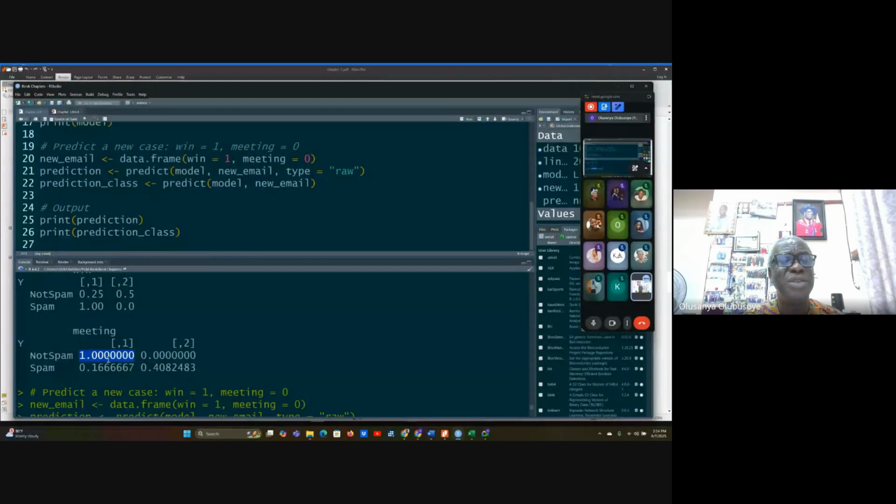So the naive Bayes classifier is able to not only use probability for categorizing text messages, but also gives you the measure of that probability. This is what we want to demonstrate.